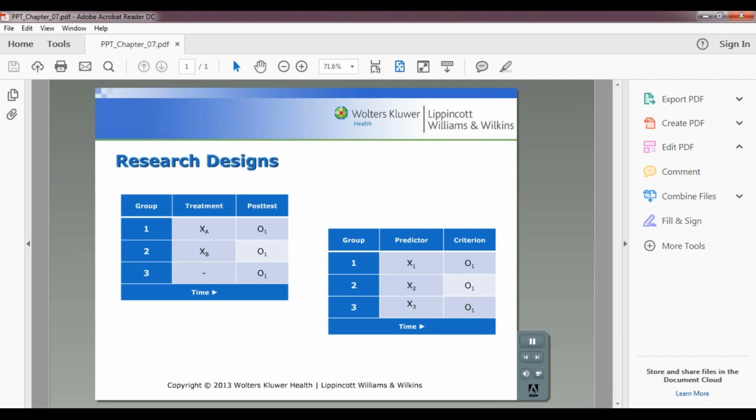Okay, so going back, our grouping variable is treatment A, treatment B, or control group. So it's parsed out into 3 different levels. It breaks it down into 3 different groups, and our characteristic of interest, which is our dependent or outcome variable, they all receive the same depression scale inventory.